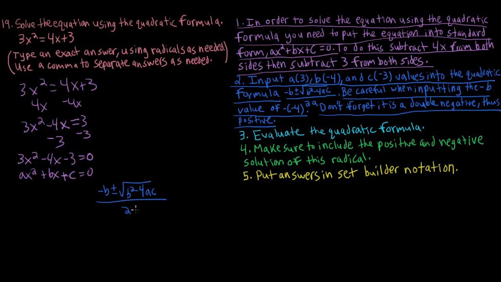So our a value is 3, our b value is negative 4, and our c value is negative 3.